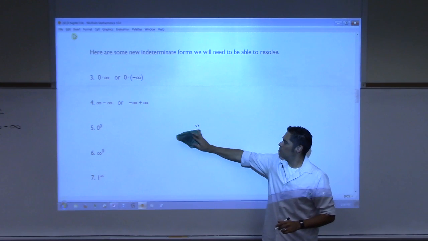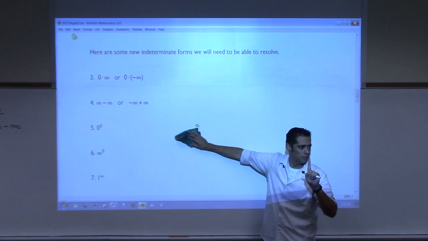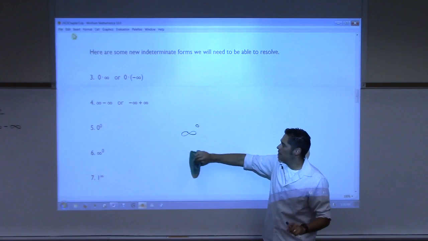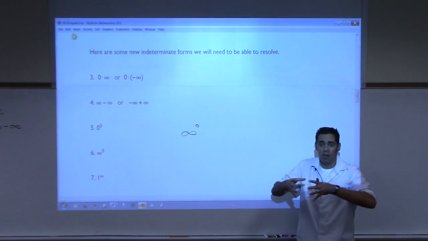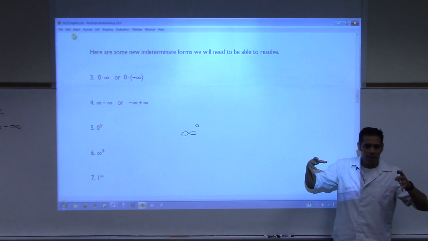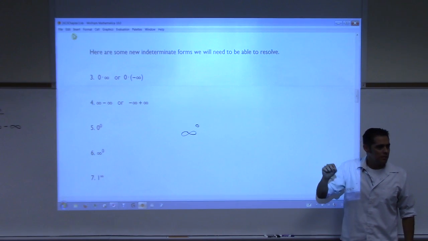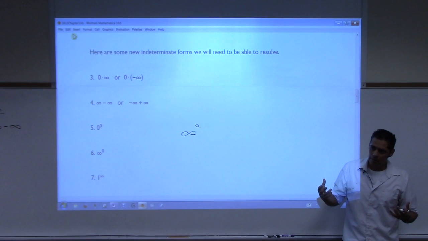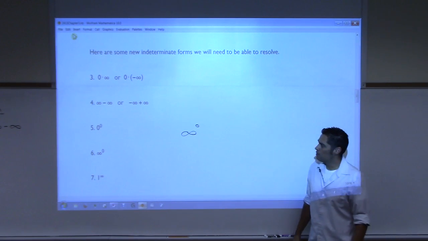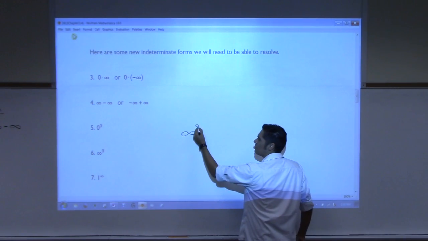Anything to the 0 should want to be a 1, right? But infinity raised to, if I get a huge number, right? Huge number, and I raise it to a power, it should still be a huge number? What do you think? Remember, this number is not 0, right?